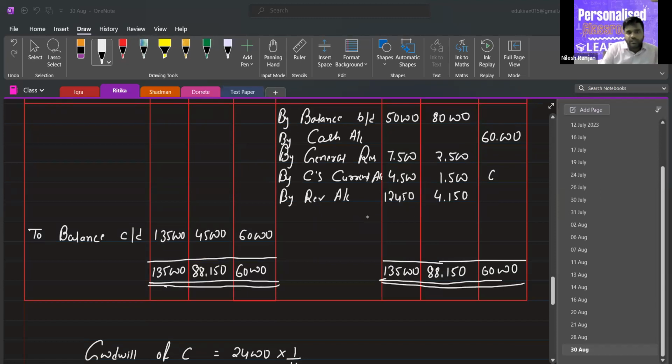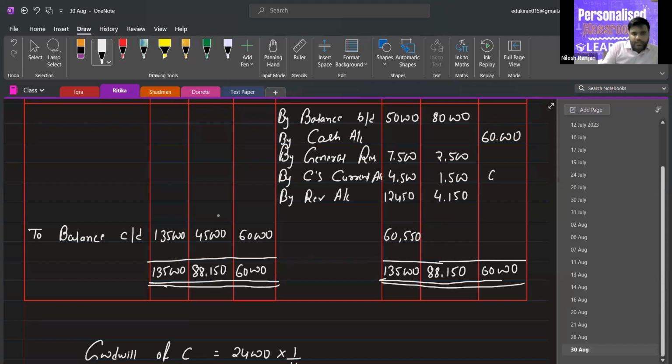So 74,450 here. And 60,550. Here the balance will be on the debit side to current accounts, because the question is saying that we need to transfer the balance to current accounts.